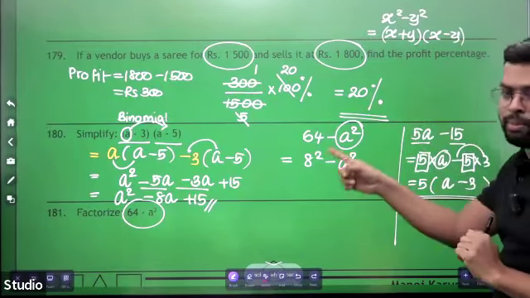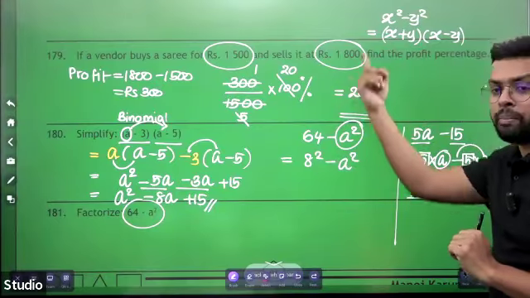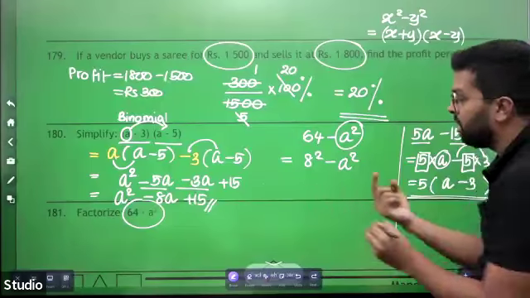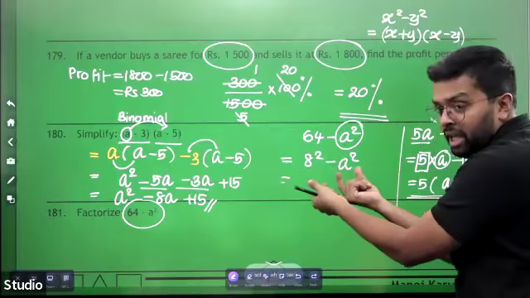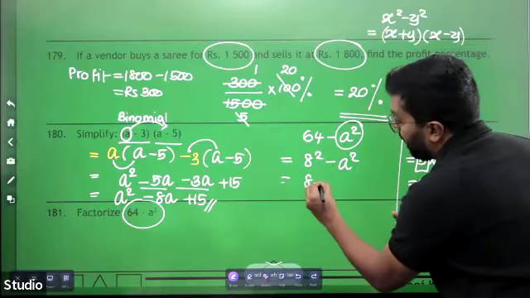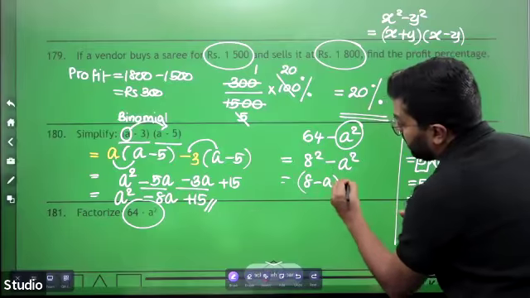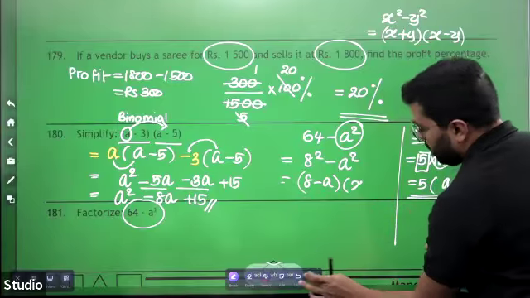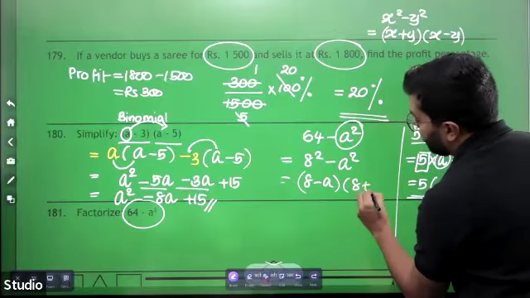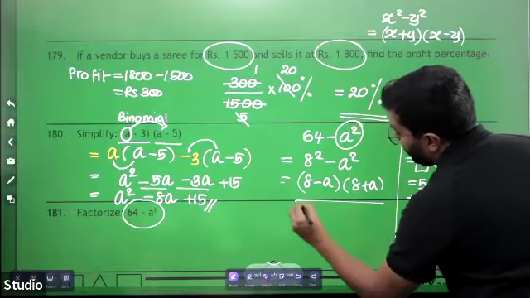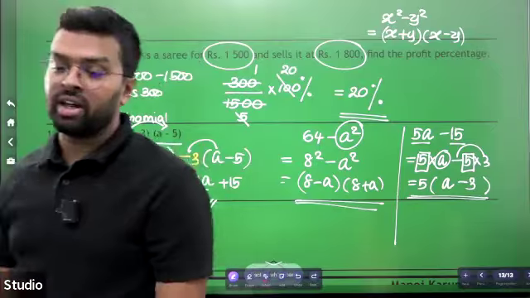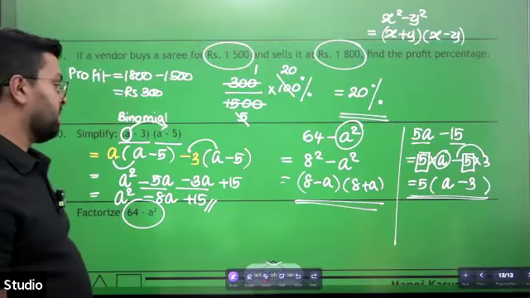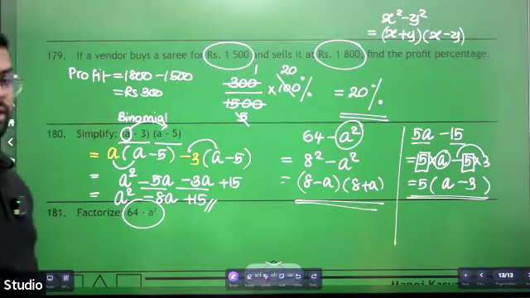So why can't we apply the same here as well? We can apply the same theory to this question as well. Right? So x squared minus y squared, same pattern. 8 minus a times 8 plus a. So this is how we factorize this kind of question. Clear enough? All right.